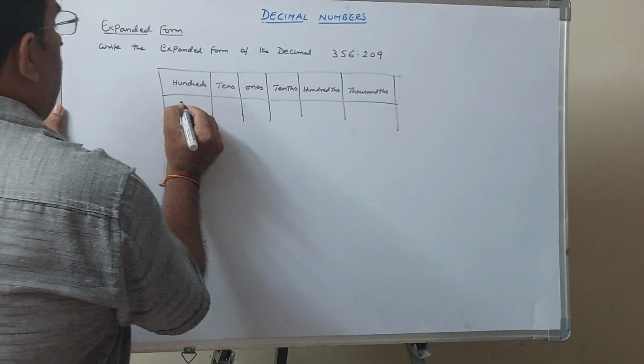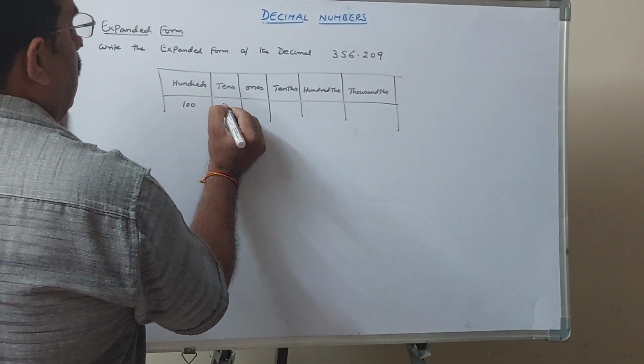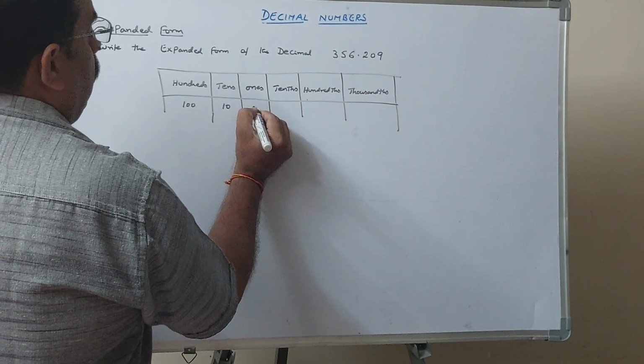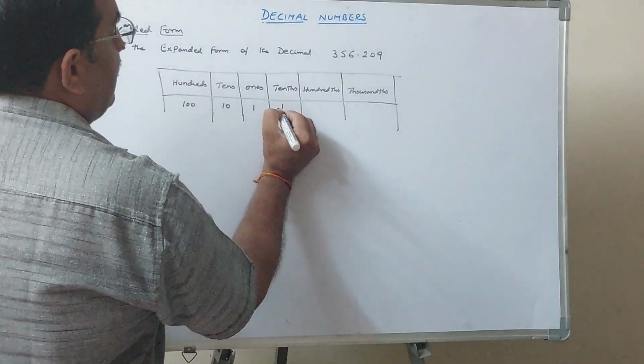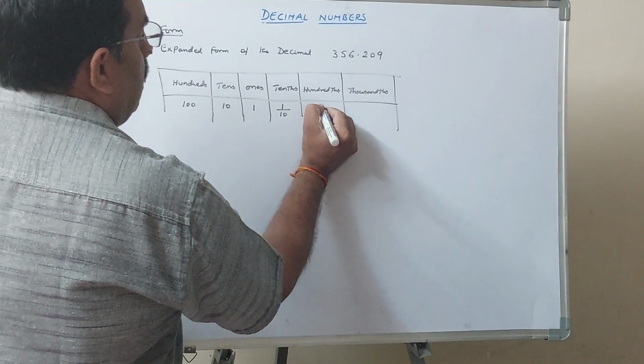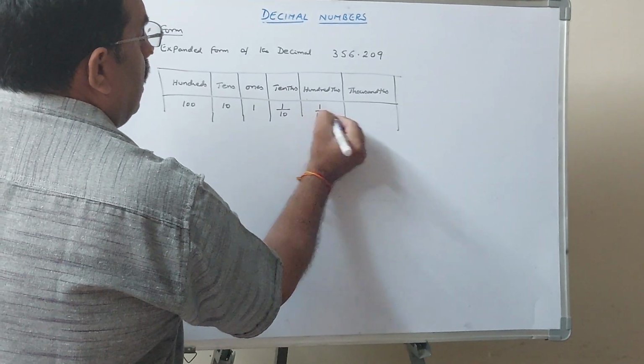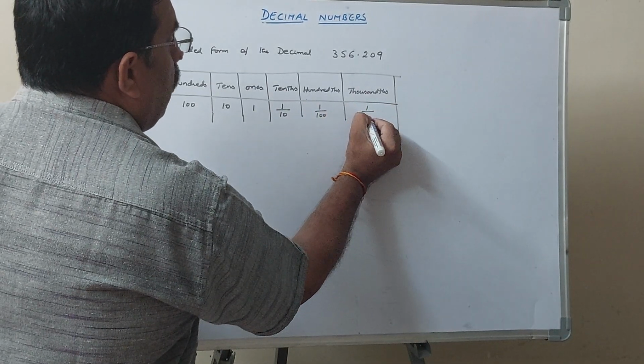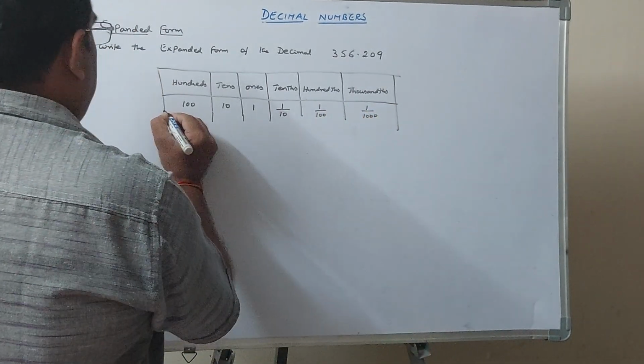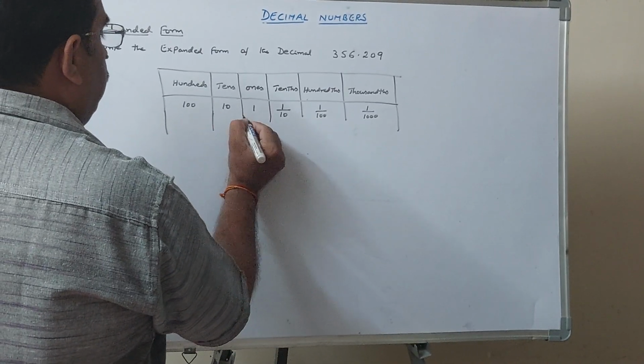Write the values. Hundreds means 100, tens means 10, ones means 1, tenths means 1 by 10, hundredths means 1 by 100, and thousandths means 1 by 1000. Clear?